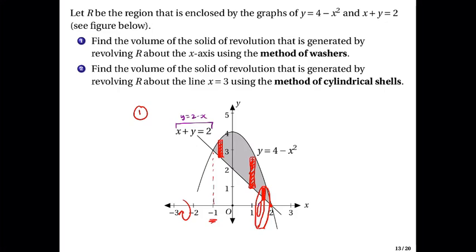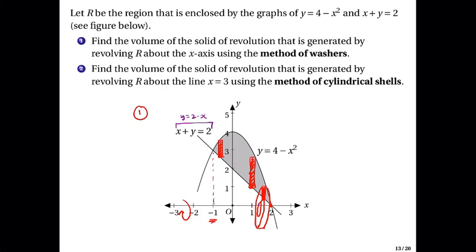So remember, in the method of washers, we need to consider the outer radius or the bigger radius, and then the smaller radius. So in here we will see that this is the bigger radius, so it is from the center or from the axis of revolution going to the farther function. That's your bigger radius. And the smaller radius will be from the axis of revolution going to the nearer function.